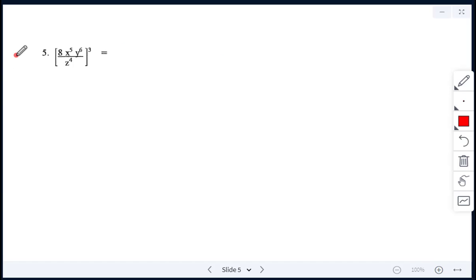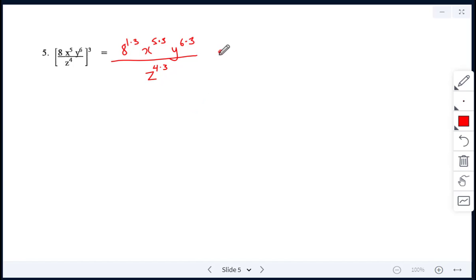The next example we have, again, it is a fraction inside the bracket, but this exponent 3 is going to apply to everything inside that bracket. All right, so this will become 8 to the power of 1 times 3, x to the power of 5 times 3, y to the power of 6 times 3, and then z to the power of 4 times 3.